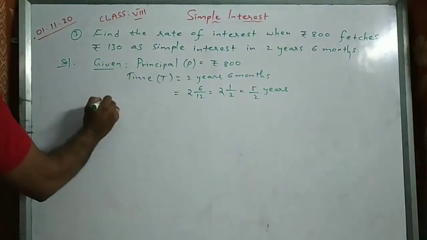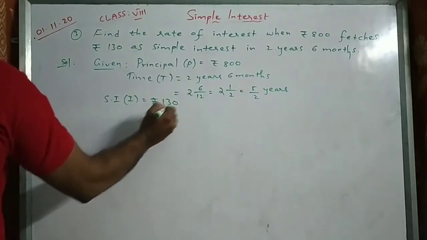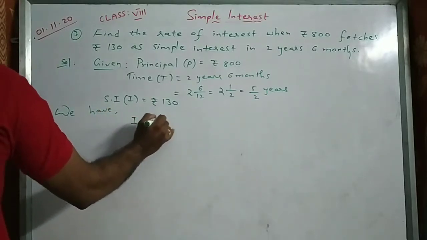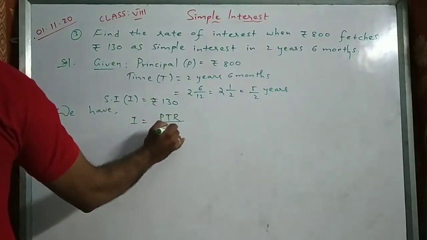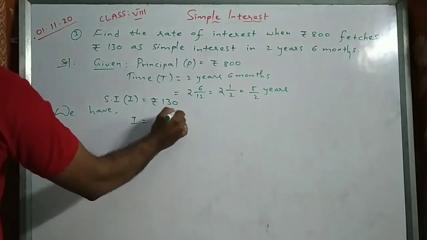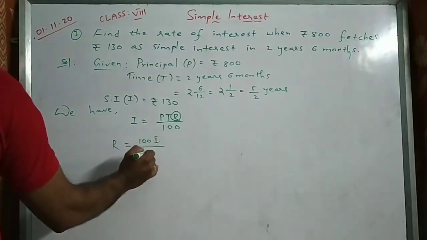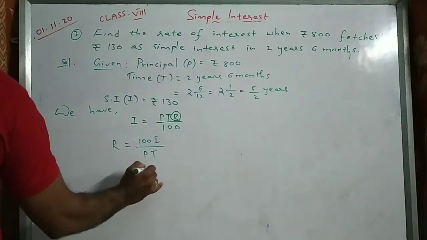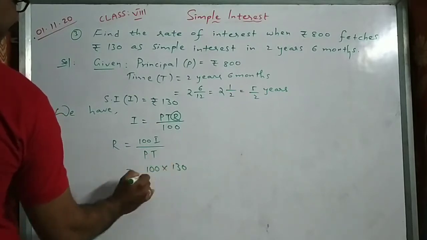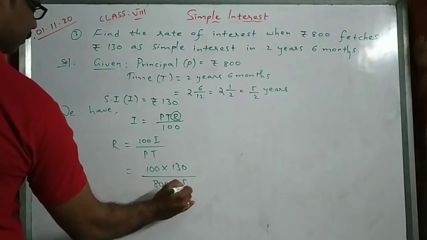Okay, next simple interest is given. I, rupees 130. What is our formula? We have I is equal to PTR by 100. What do you need now? Rate of interest. R we want here. So R equal to 100I by PT. 100 into I value, how much we have? 130. P value 800 into T value 5 by 2.